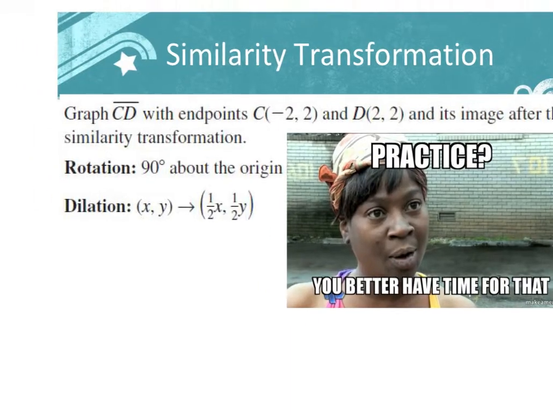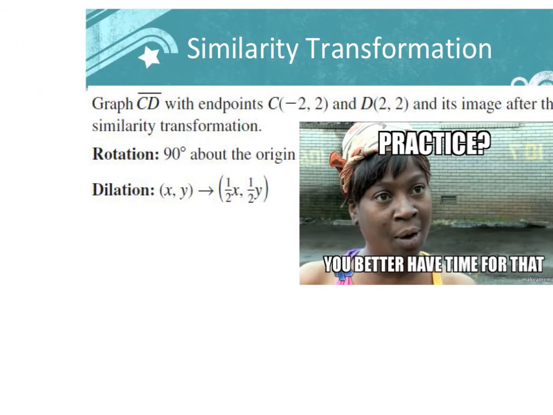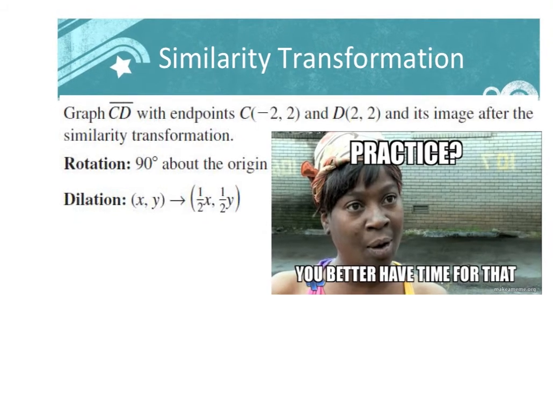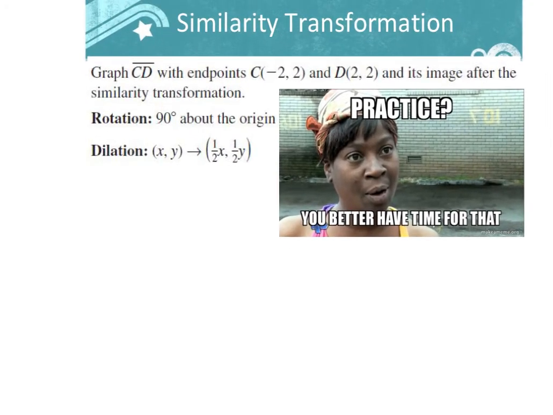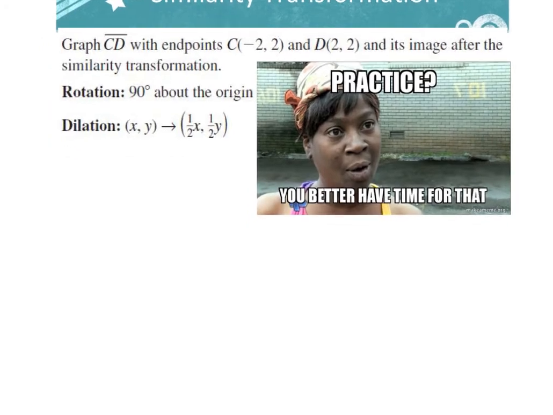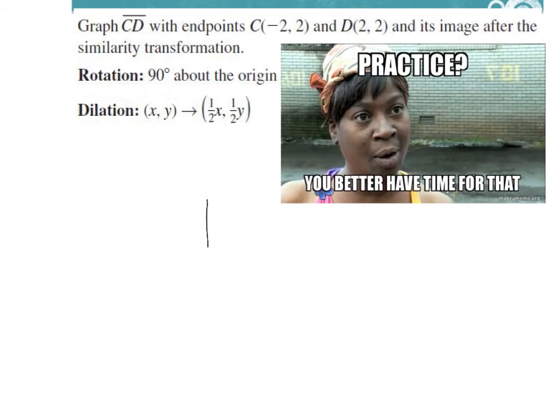All right, practice, you better have time for that, okay? So let's go ahead and graph CD with endpoints -2, 2, and 2, 2, and its image after a rotation and a dilation, okay? So let's go ahead and do that. I gave you guys graph paper. I'm just going to have to wing this one.